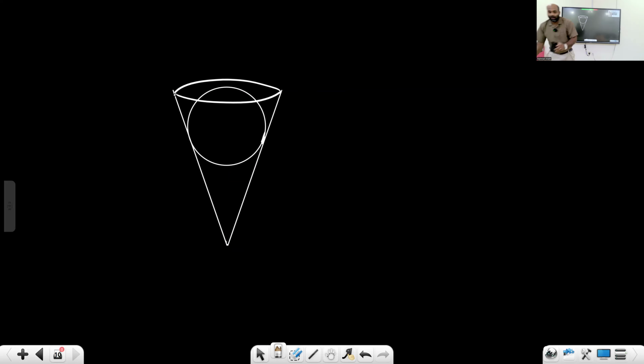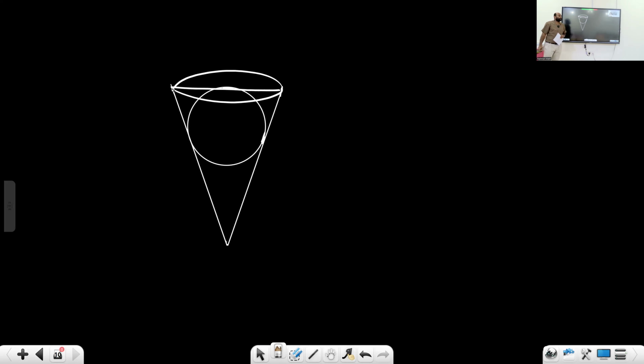That means when we are touching like this, our hand should touch like that only. Draw the diagram. The top should touch.